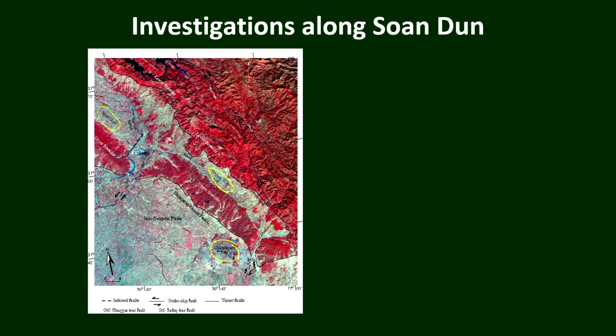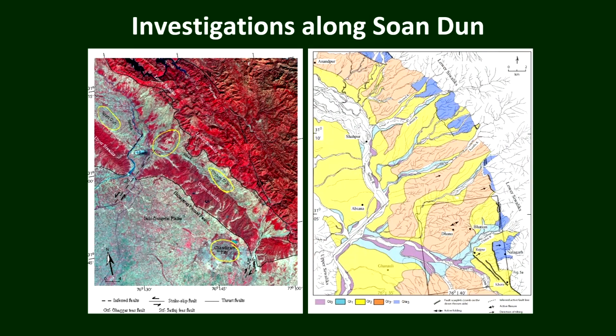So I just want to show you a couple of things here. Based on the drainage pattern, we were able to pick up certain anomalies in terms of the landforms. So usually, from using the remote sensing data, you can generate such maps which have been shown here.